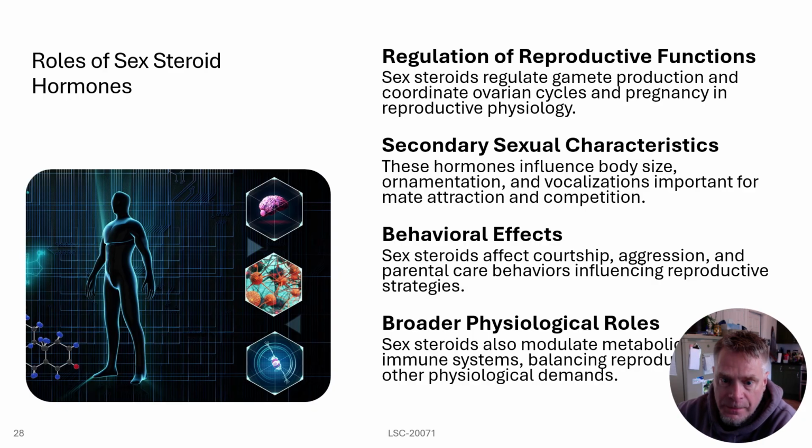They also influence secondary sexual characteristics, things like body size, the pitch of the voice, size of different body parts, mate attraction, and competition. There are behavioural effects too. Sex steroids can affect courtship, aggression, and parental care behaviours, influencing reproductive strategies.